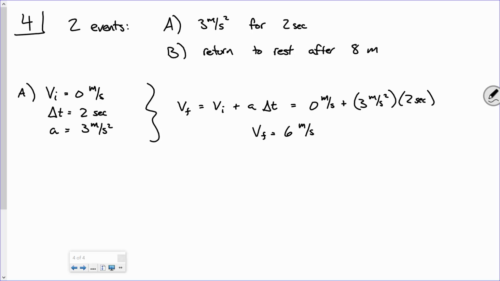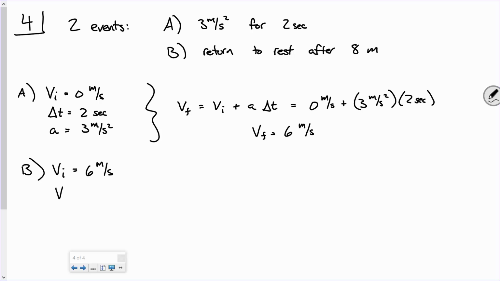So at the beginning of B, that's the big thing to keep in mind. At the beginning of B, my initial velocity is what I ended up with on the first step, 6 meters per second. Make sense? Now, what does event B state?